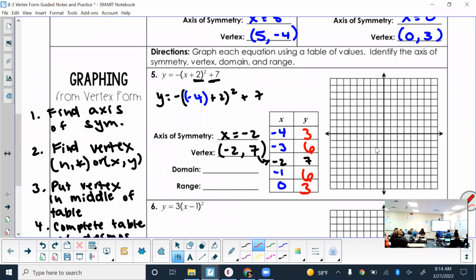All right, once you've made your table, transfer that onto your coordinate plane. So remember that the positive x's go to the right, negative ones go to the left, positive y's go up, negative y's go down. So transfer that onto your graph. Try to do it without looking at mine. But once you're done, you can look at mine.